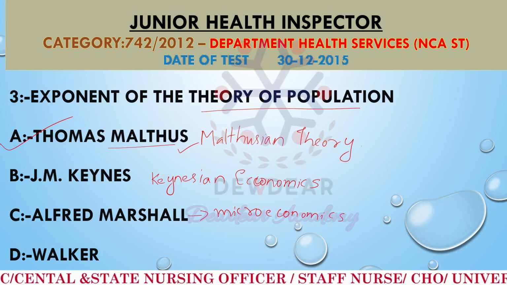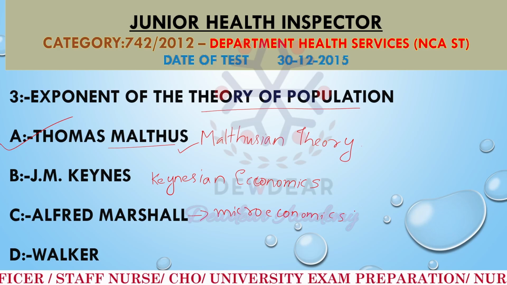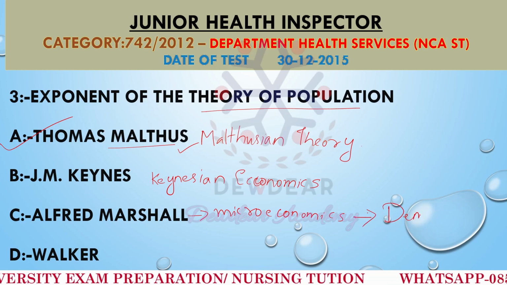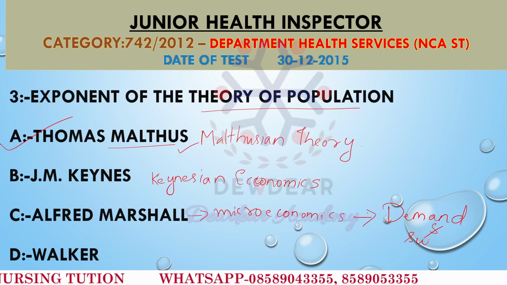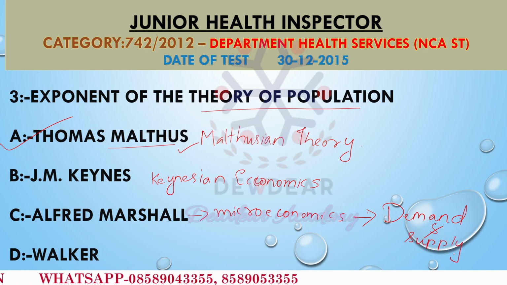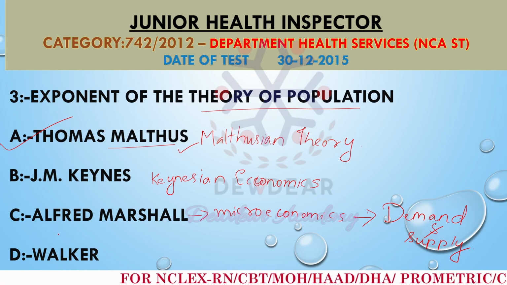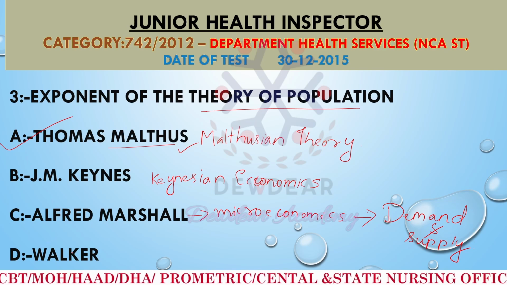So he focused on demand and supply and market equilibrium. But he is not associated with the population studies. Alfred Marshall is associated with microeconomics concerning the demand and supply. The next is Walker.